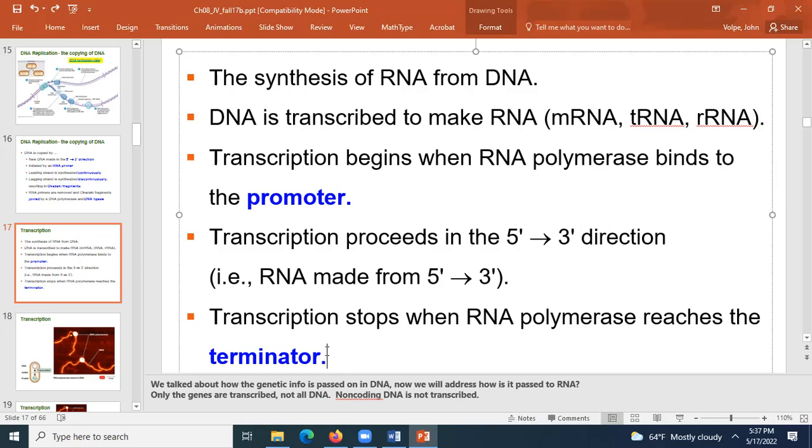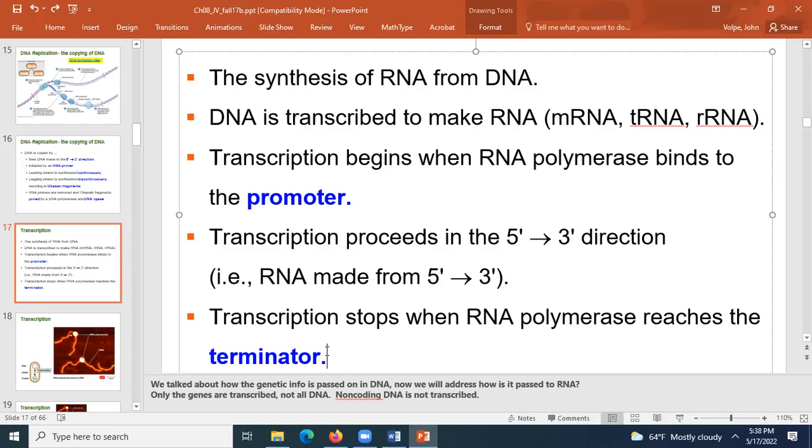Now in bacteria, most of the DNA is made up of genes. And we call the DNA that is not a gene non-coding DNA.